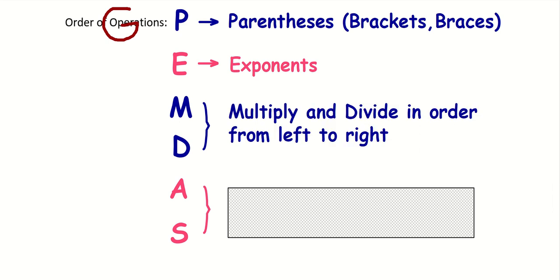You probably remember that this is multiplying and dividing, but it's not that multiply always comes before divide. These are the same, M and D, and you would do them in order from left to right. So as far as multiplying and dividing, the one you would do first is whichever came first when you look at it from left to right.